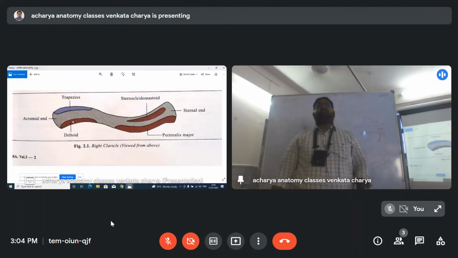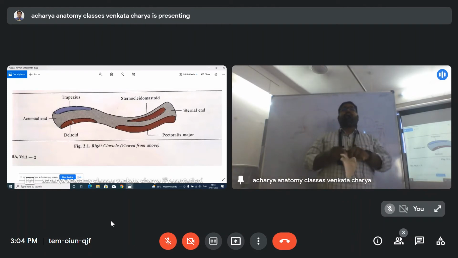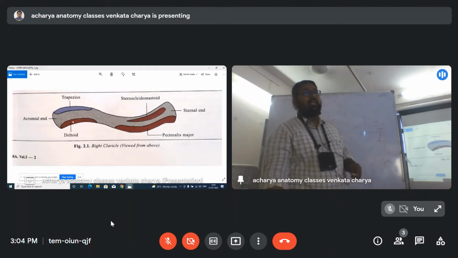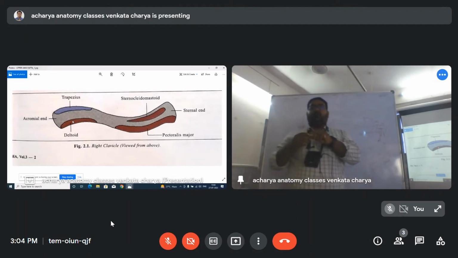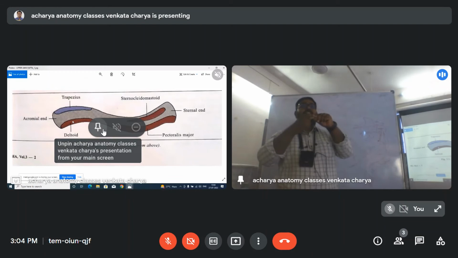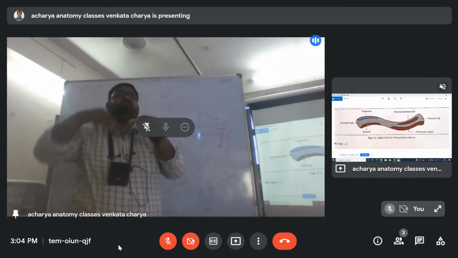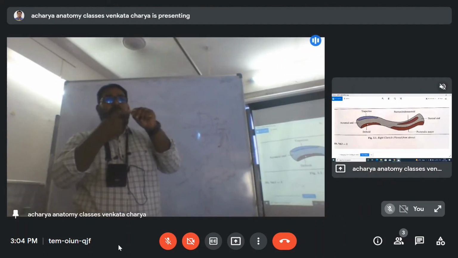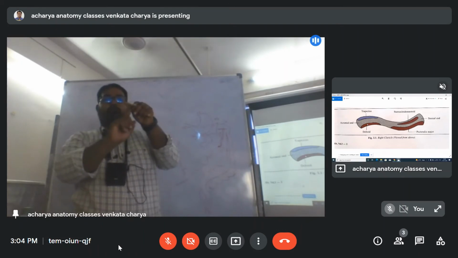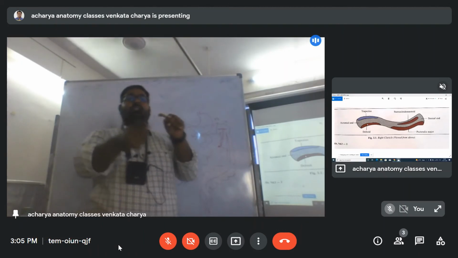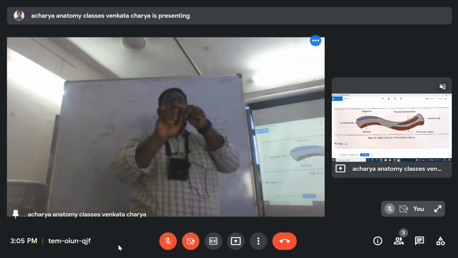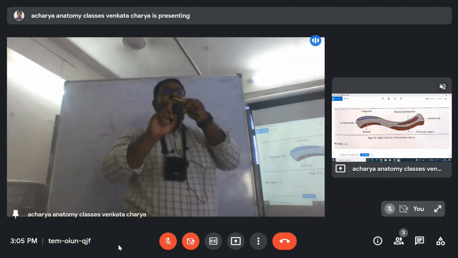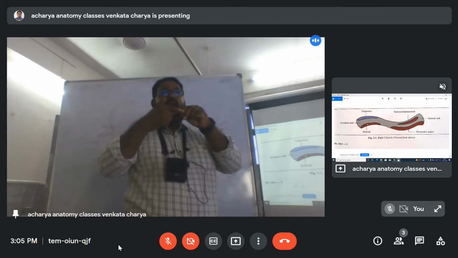Anterior fibers of the deltoid originate from the anterior border of the lateral one-third of the clavicle. Look, it is like this, the anterior border. It originates from here. Then come to the posterior border. In the posterior border there is the insertion of the trapezius muscle. Insertion of the trapezius, origination of the deltoid.